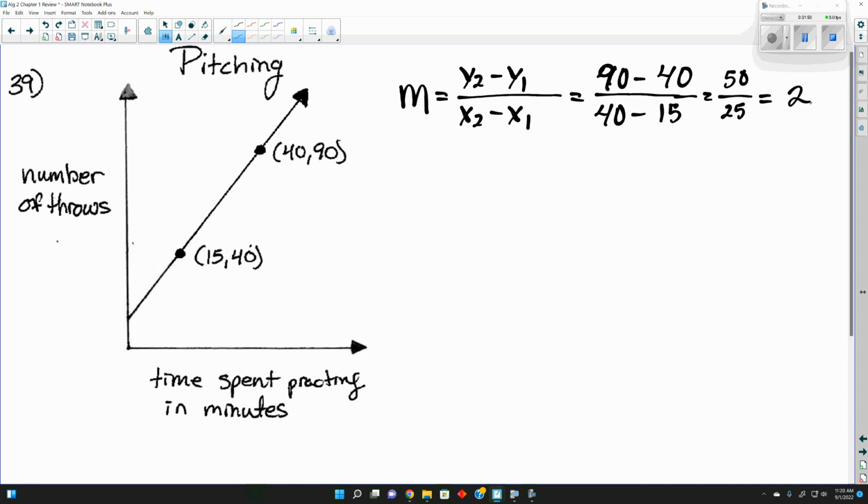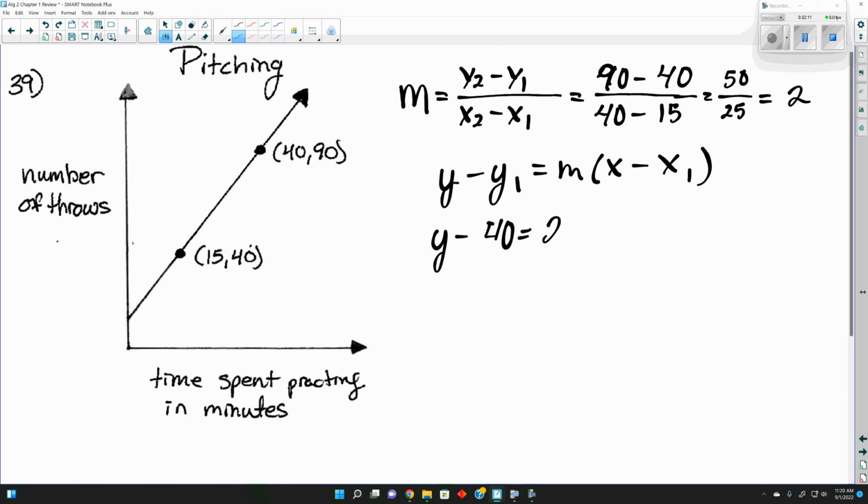Now, to find the equation of the line, we're going to use our point-slope form: y minus y1 equals m times x minus x1. Again, at this point we need to pick one of the y values. So y1 in this case is 40, equals 2 times x minus 15.